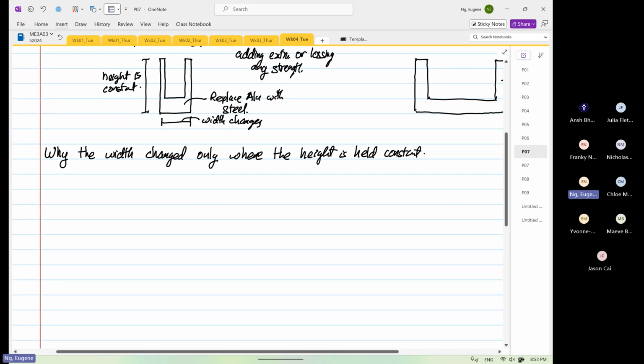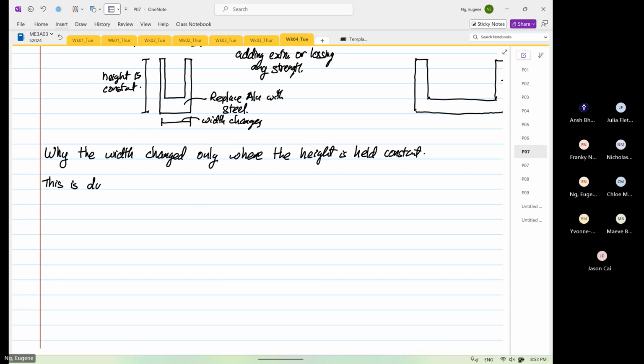This is because of the what? This is due to the calculation of the second moment of area. Right?